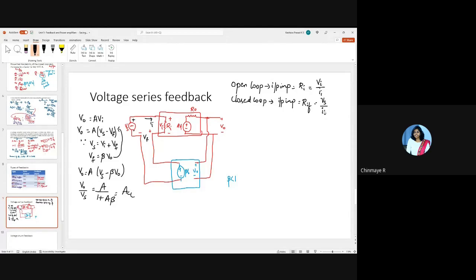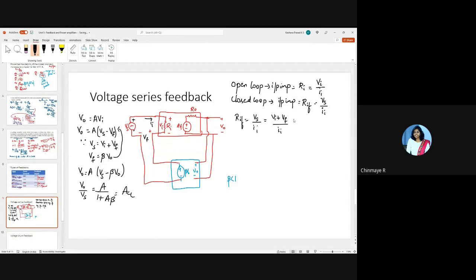In order to find the input impedance of the closed loop amplifier, I'll have to find out what is Vs by Ii. Let's start with this basic equation itself. We know that Vs is equal to Vi plus Vf, so I can write this as (Vi plus Vf) divided by Ii.